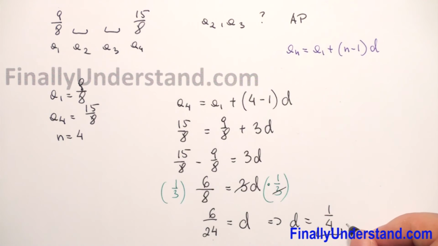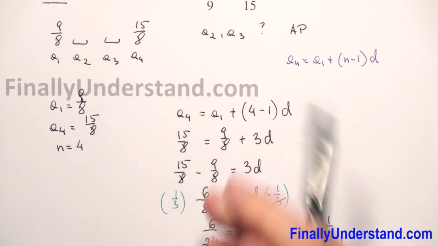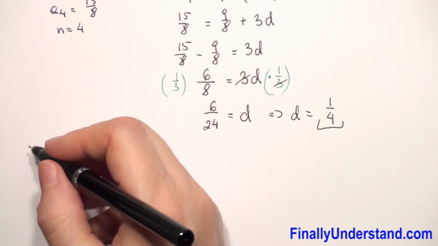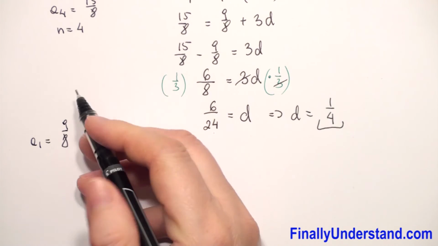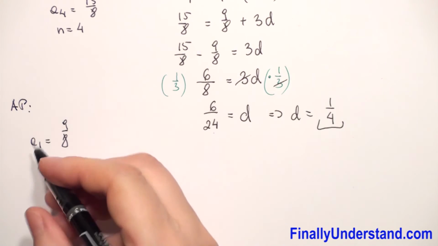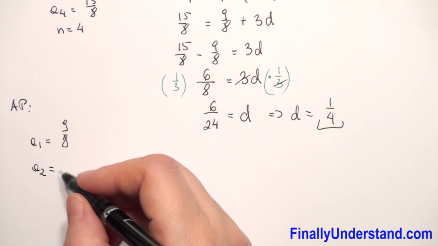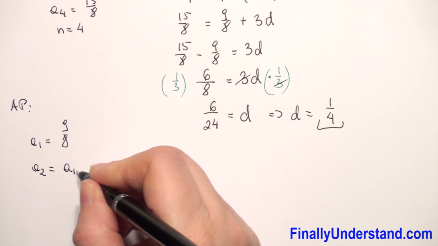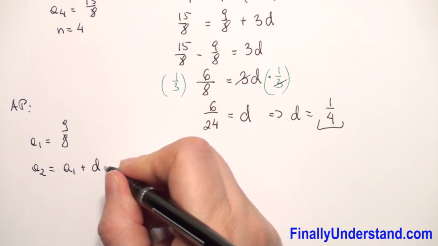When we have the common difference of the arithmetic progression, now we can find the second term and the third term. Let me remind you, the first term of our arithmetic progression is 9 over 8. For A2, from the definition of arithmetic progression, to A1 we add the common difference d.